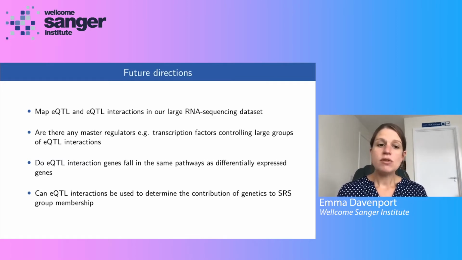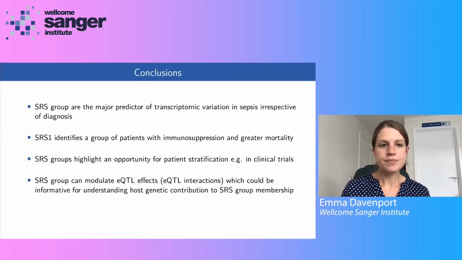The question still remains, are people predestined to go into one SRS group or the other? How much do they change over time? And how much can we modulate these groups? And all of these are going to be incredibly important for really being able to translate this finding into the clinic and to improve the outcome of sepsis patients.